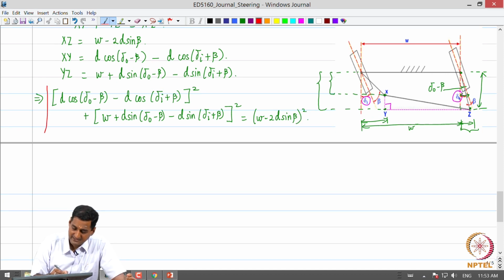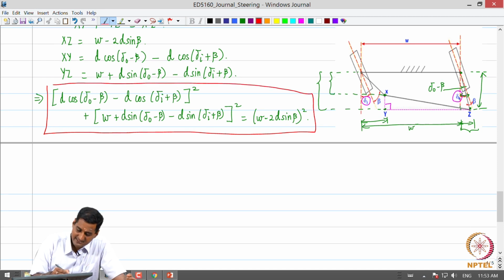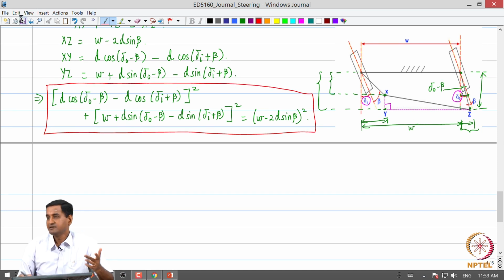So this is the expression that we get. What does this expression give us? It gives us a relationship between delta O, delta I, d, beta and w for the trapezoidal steering mechanism.